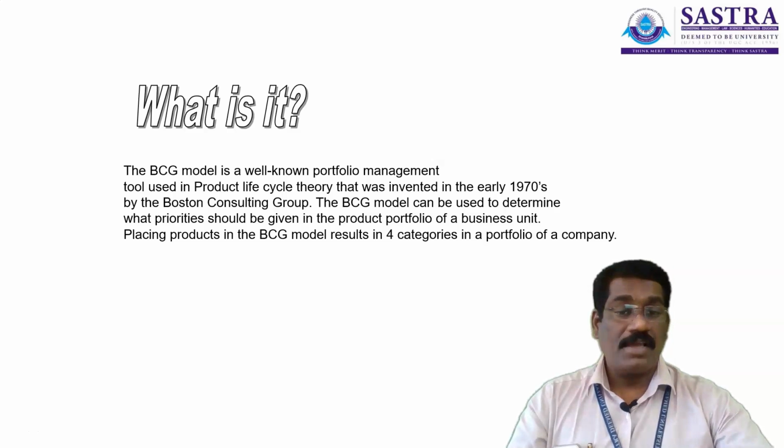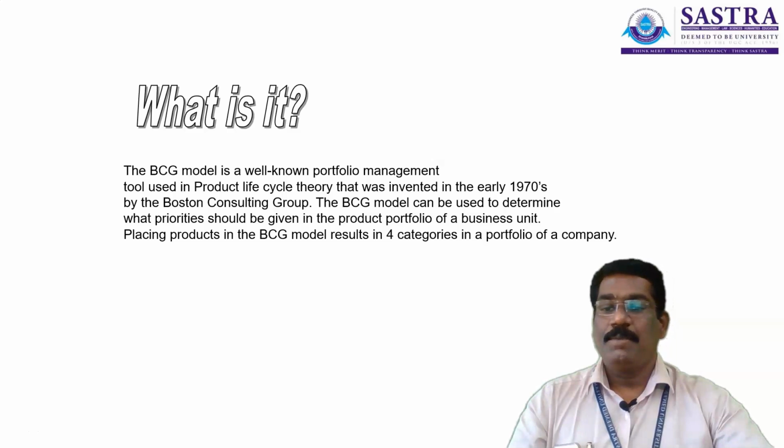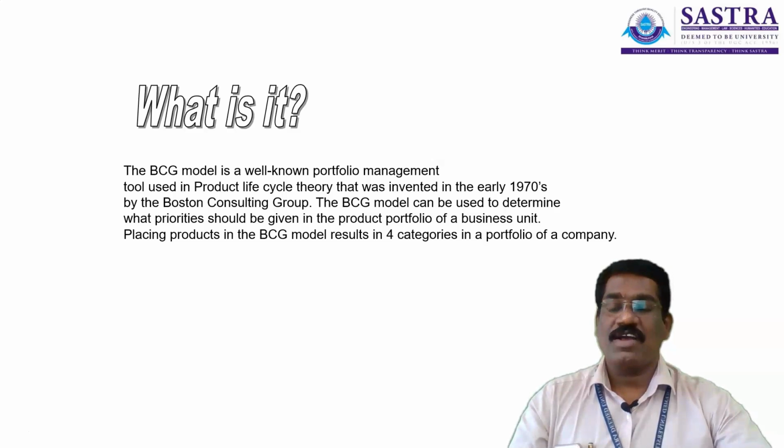The BCG model can be used to determine what priorities should be given in the product portfolio of a business unit. Placing products in the BCG model results in 4 categories in the portfolio of a company, which I was discussing earlier about the 4 quadrants.